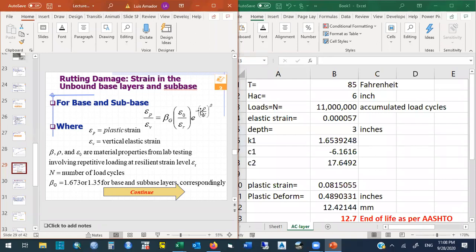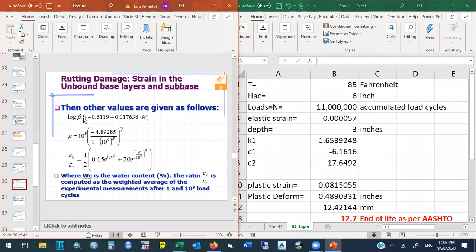We have nu, we have rho, and we have beta, which is given here. So beta comes from the water content, and rho comes from beta, so it's also from the water content. These two come from water content. So it's easy to estimate beta and rho.